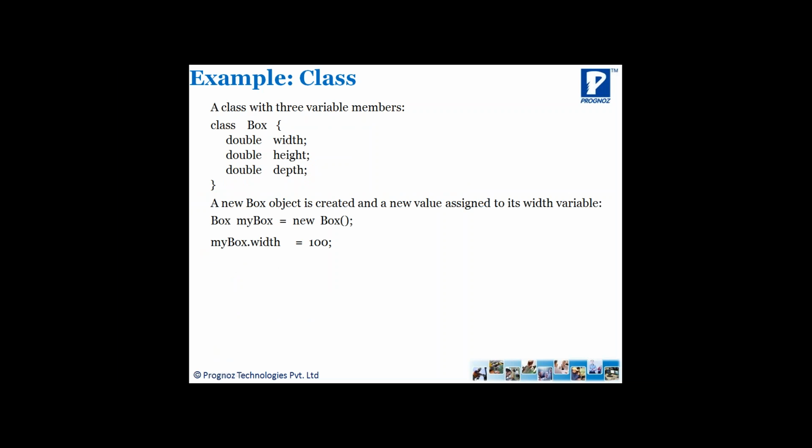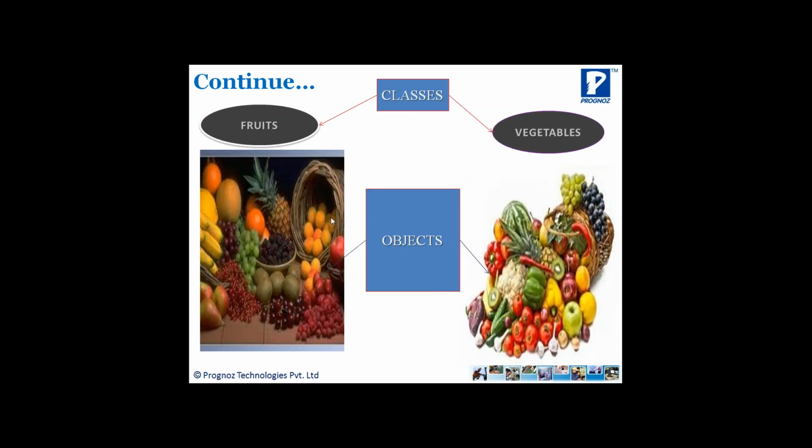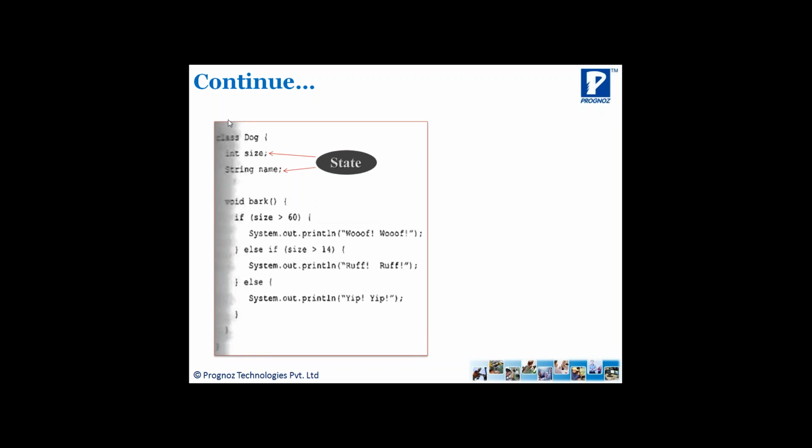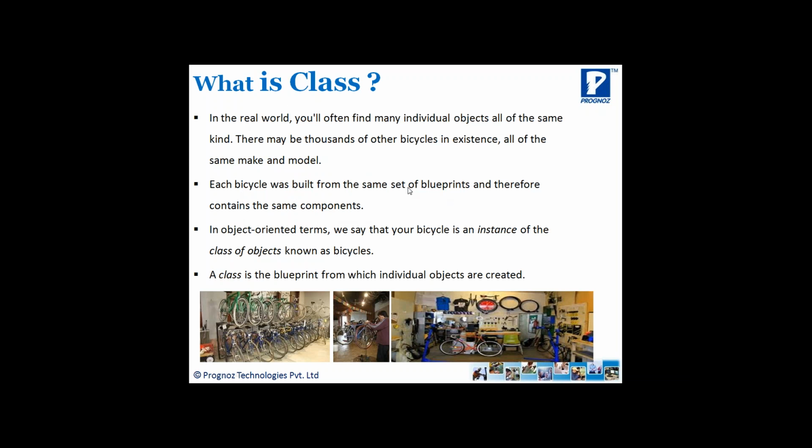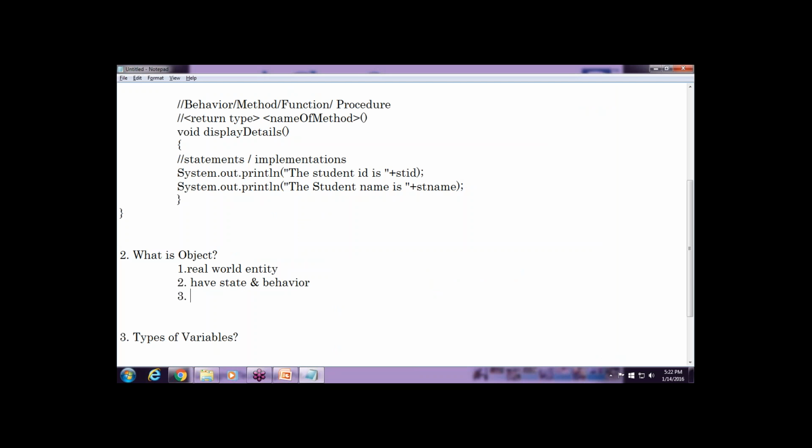You can see here that each bicycle is built from the same blueprint, but individual objects are created for the class. That means for one class we can create n numbers of objects, multiple objects for one class.